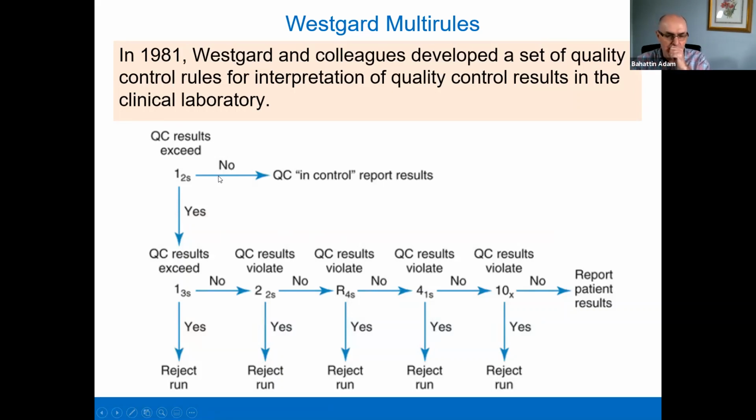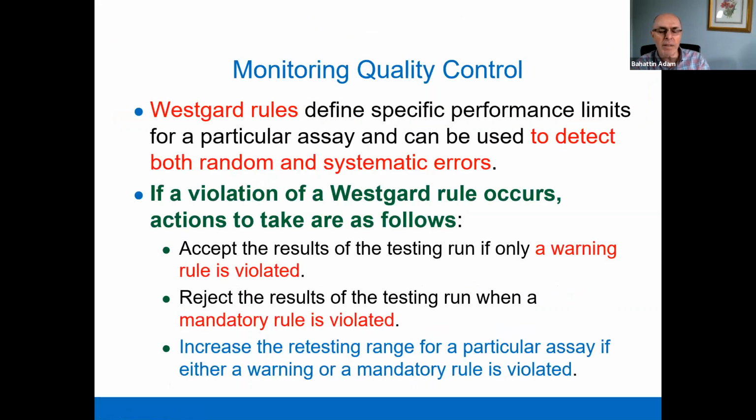I'm going to show you with another diagram in just a few minutes. As I said, Westgard rules define specific performance limits for a particular assay and can be used to detect both random and systematic errors.